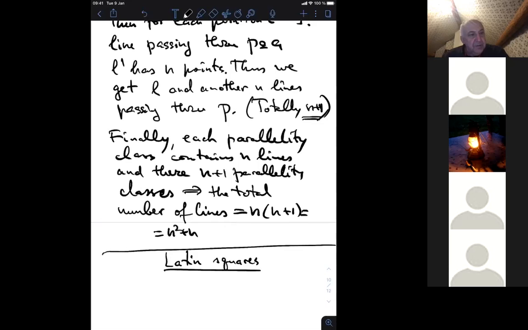Okay, so let me define for you what a Latin square is.